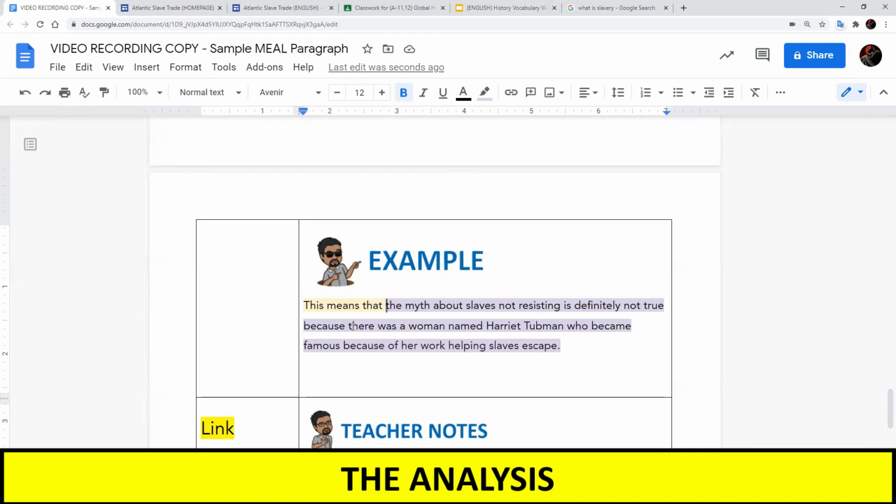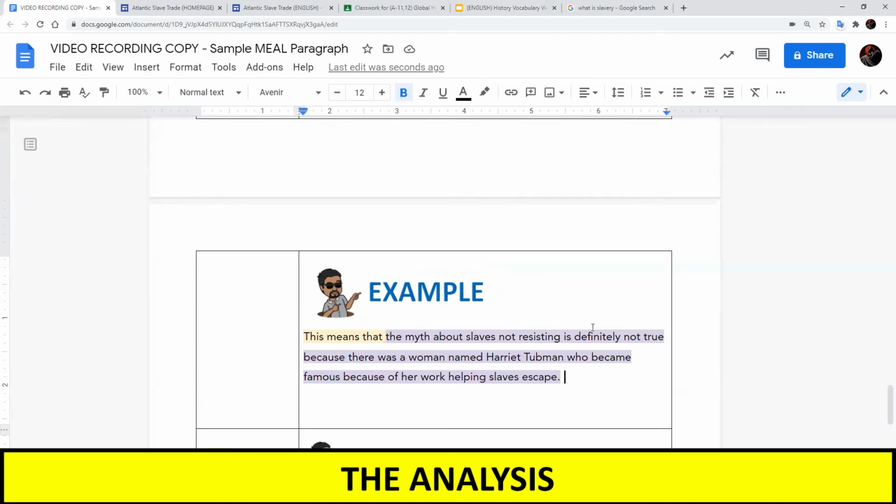And after that, you're summarizing the evidence. So it says, "because there was a woman named Harriet Tubman who became famous because of her work helping slaves escape." That's the second part. You have summarized the claim of this paragraph, and you summarize the evidence.